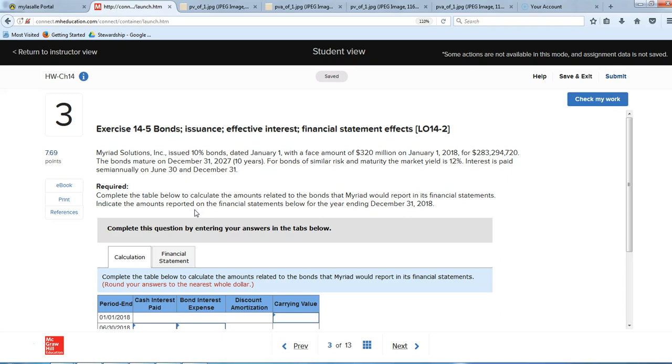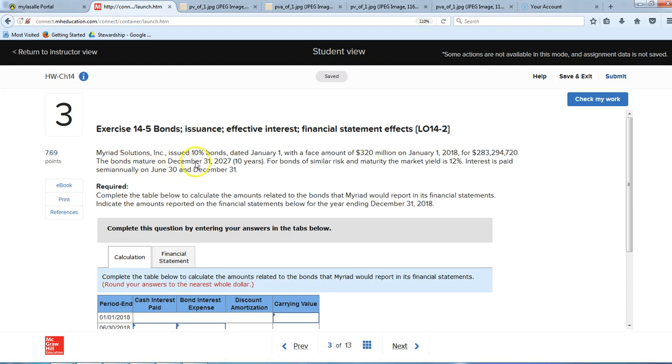The first sentence says the face amount of the bonds is $320 million, but the cash they received from issuing these bonds was $283,294,720. After 10 years, the issuer, Marriott Solutions, has to pay back its investors $320 million.